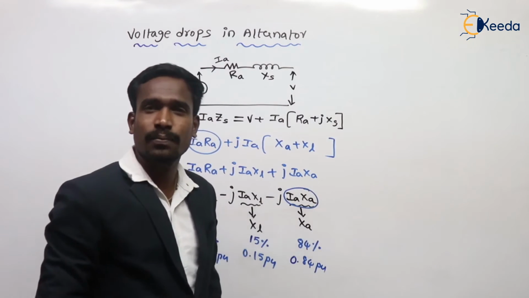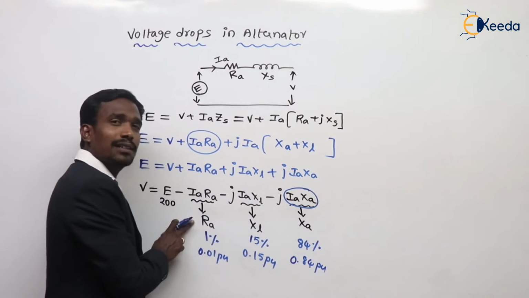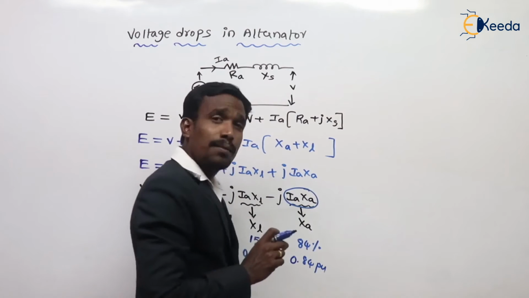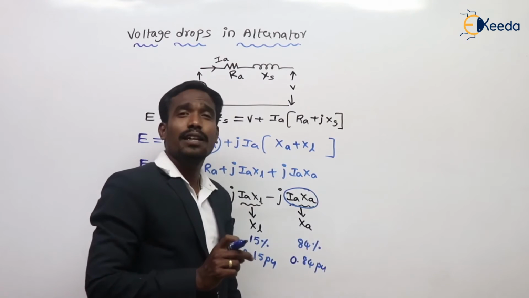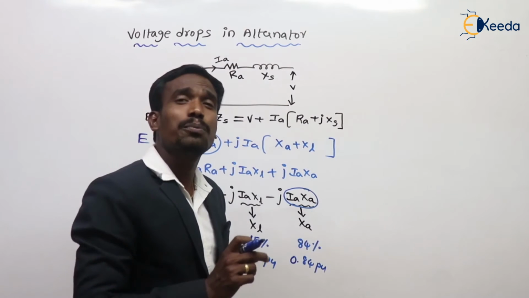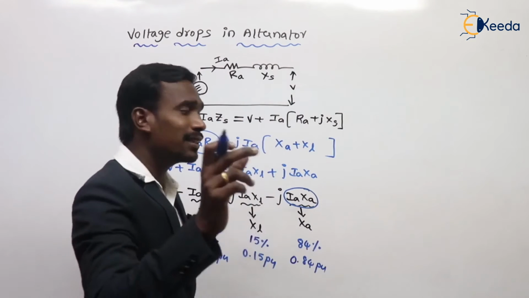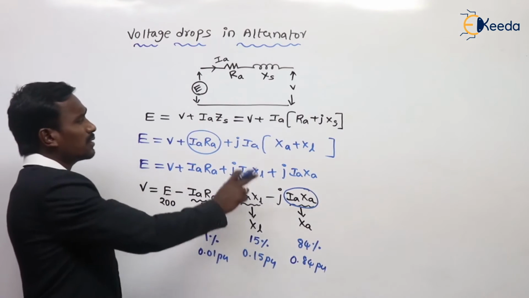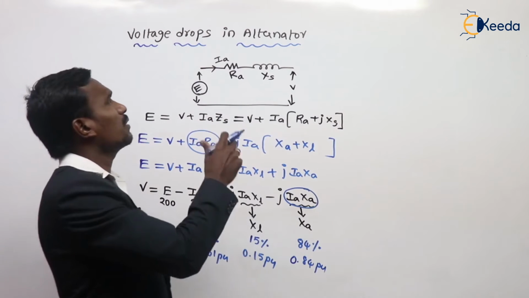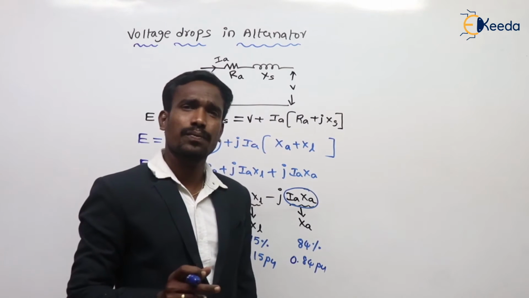They are given like that. So option A, negligible drop. Option C, mainly drop. Option D, all of the above. This is the voltage drops in our synchronous machine.